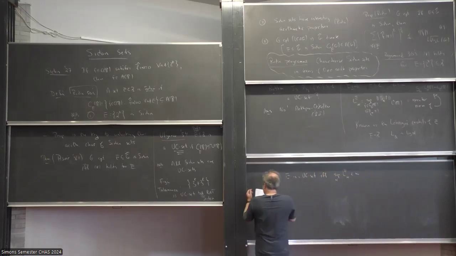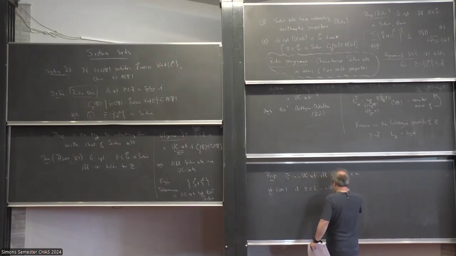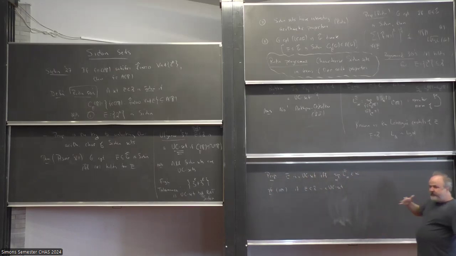Okay, so how do we do this? Let's go in one direction first. Suppose E is uniformly convergent, is a UC set. That means every function that's Fourier supported in E automatically has a uniformly convergent Fourier series.